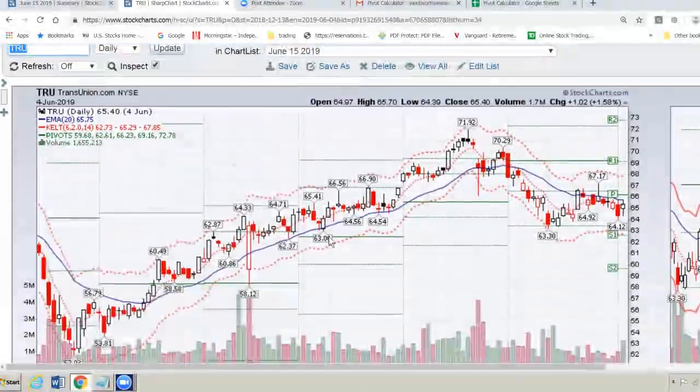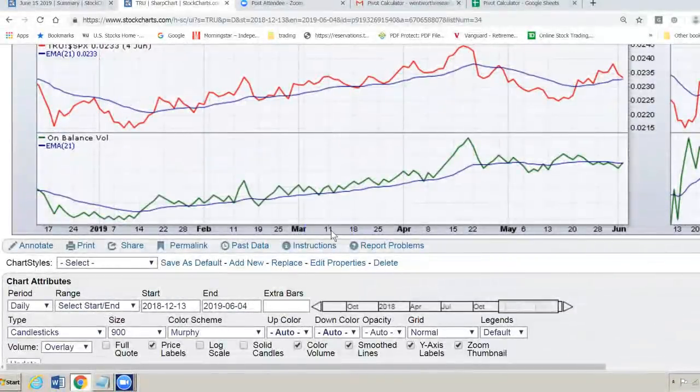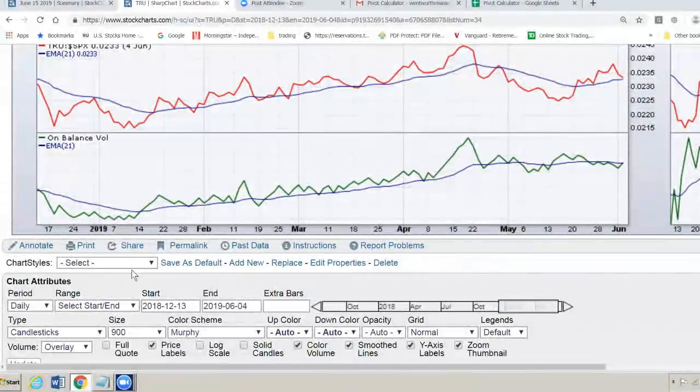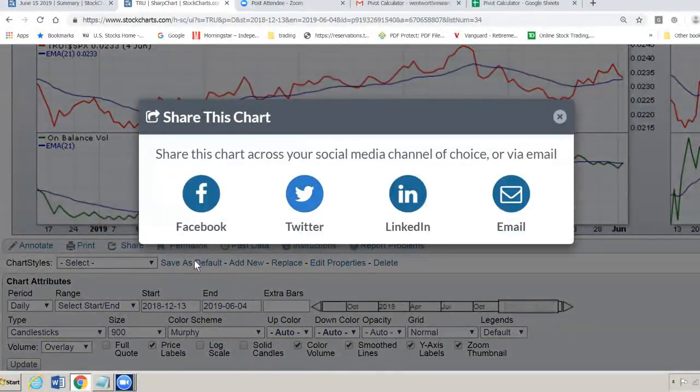But it's not a bad service. I'm using it more and more. It has some real handy things. One thing I find within my mentoring is that if you become a member, you can hit the share button, and then you can share by Facebook, Twitter, LinkedIn, or email, and shoot a copy of that chart out to them.